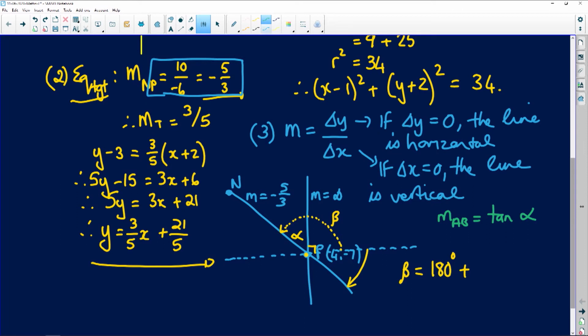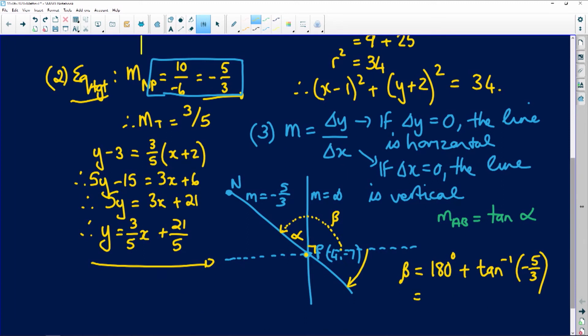So this is going to read the tan inverse of the negative gradient, which is minus 5 over 3. Now, folks, you've got to make sure that your calculator is set on degrees and that it's not on radians.